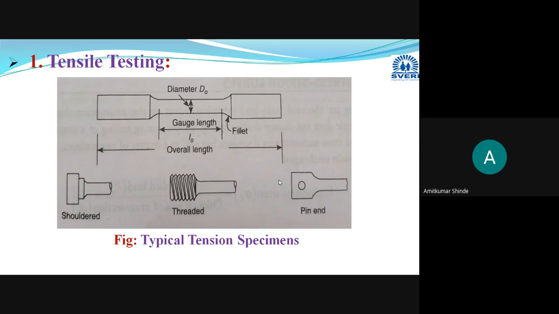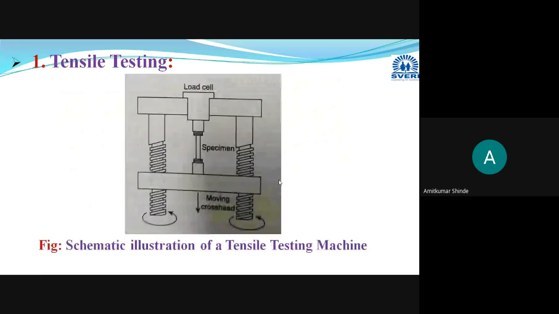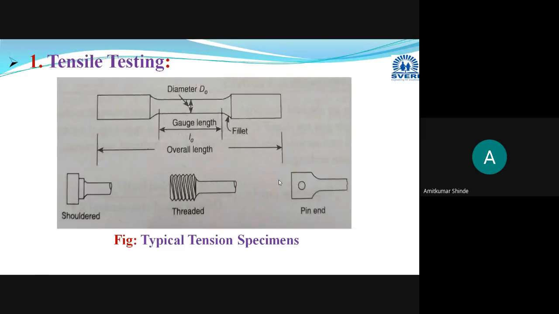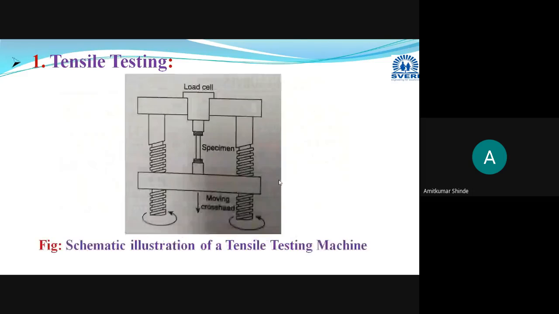tensile testing. Now, in the tensile testing method, you first have to explain the preparation of the specimen, and after that, this is the specimen preparation diagram, showing which kind of specimen you have to prepare. And then this is the schematic illustration, or you can say the arrangement, showing which instruments we are going to use.